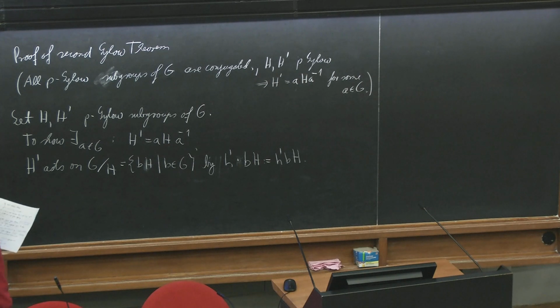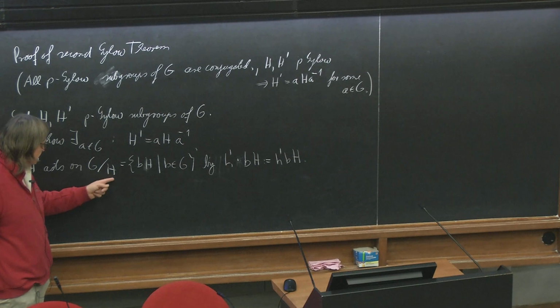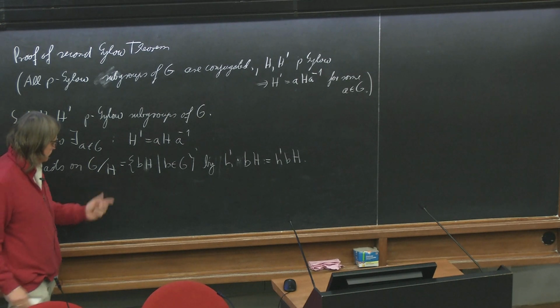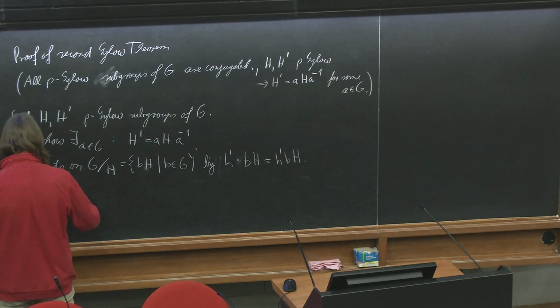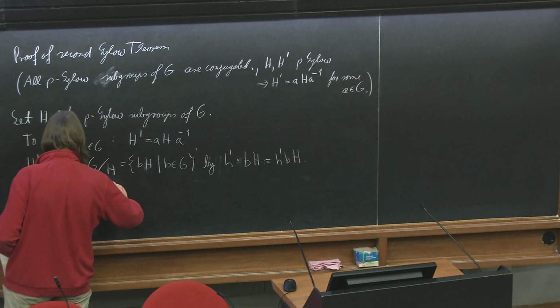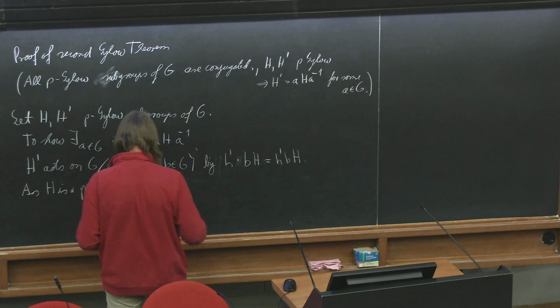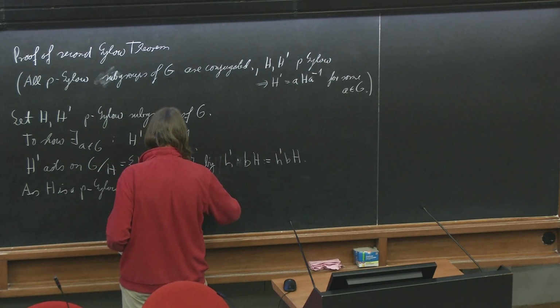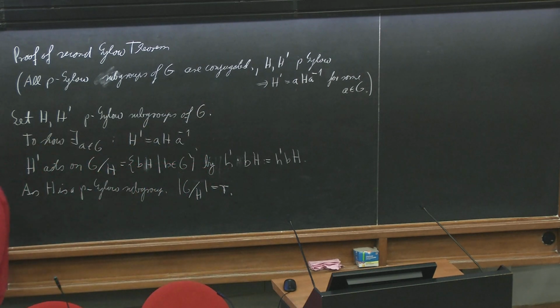So we should note that H is a p-Sylow subgroup. Therefore, the number of elements in G mod H is p to the m R divided by p to the m. So this is R. We have that the number of elements in G mod H is equal to R, which is prime to p.